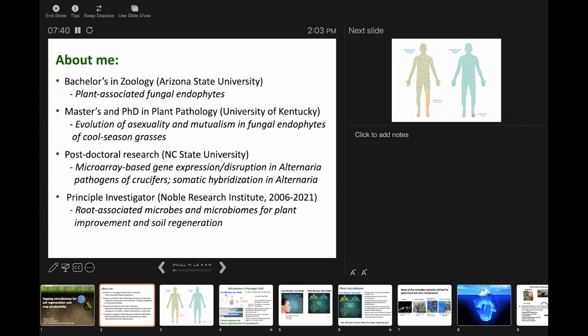And so I left with a PhD and I went to do some work with a true pathogen. This is called Alternaria brassicicola. It's a pathogen of crucifers. So things like broccoli, right? Everything that's associated with the broccoli plant and the model plant, Arabidopsis. So that was just a project where we were trying to identify genes in the fungus of this pathogen, this disease-causing microbe.